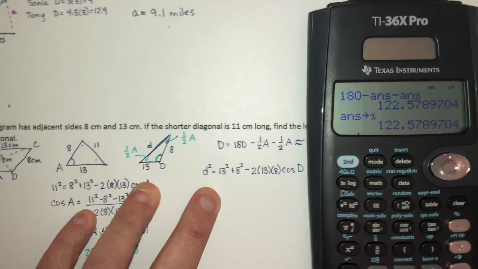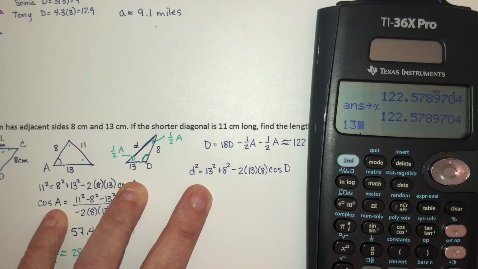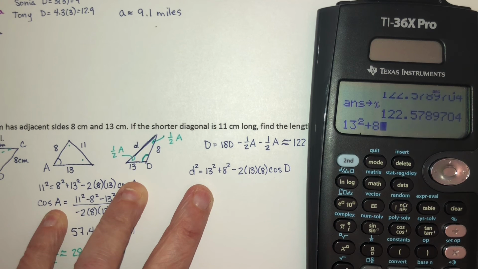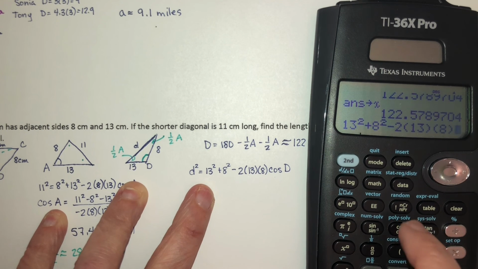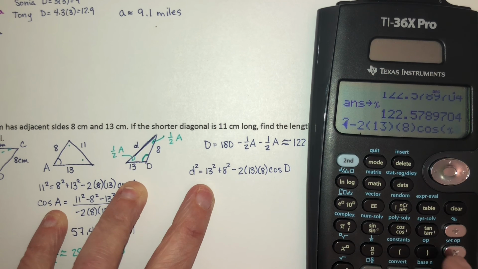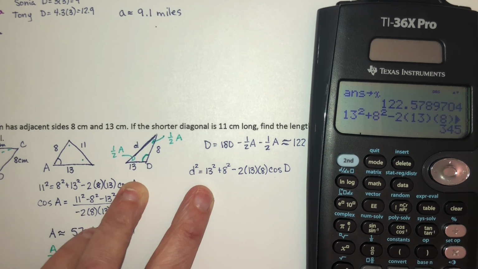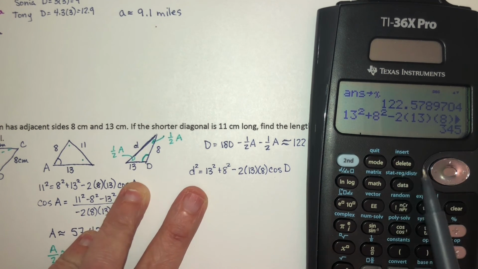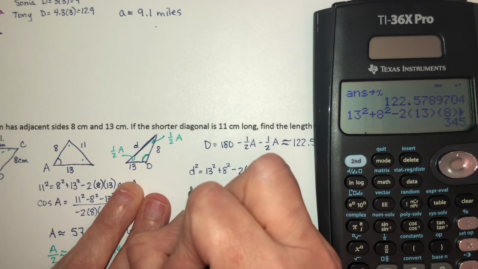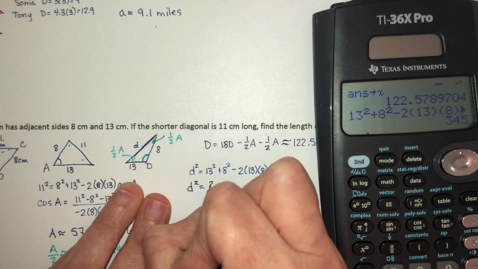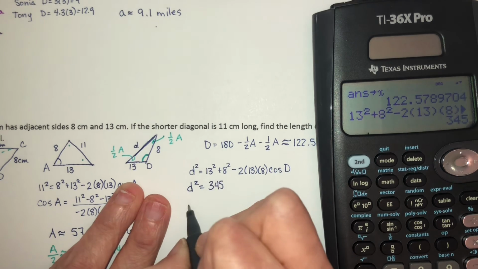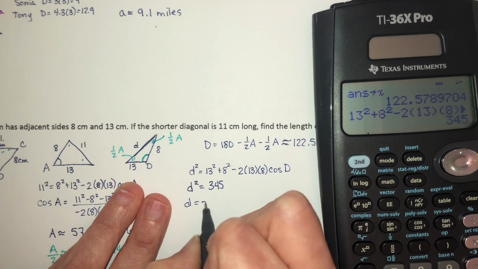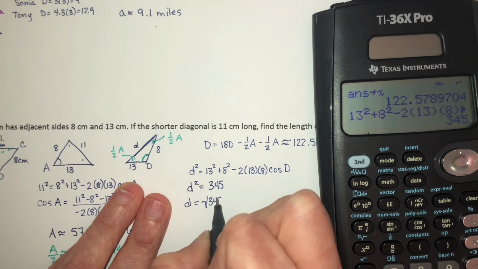Okay, so I have 13 squared plus 8 squared minus 2 times 13 times 8 times cosine of the angle I have in memory. And I get 345. So d squared equals 345. So our diagonal is exactly the square root of 345.